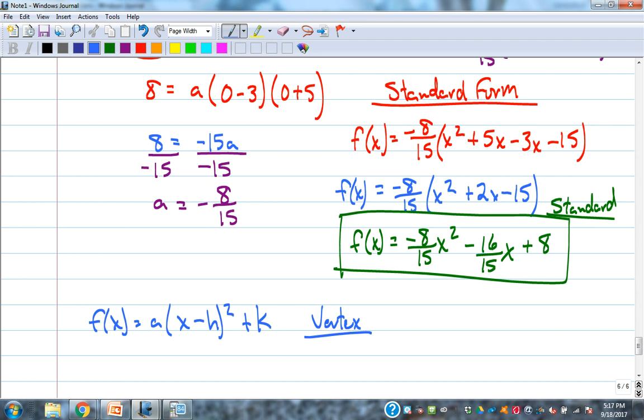So we know a is negative 8 over 15. So I know my vertex form is going to start out with that, and I just got to fill in the stuff here. So how do I find the h and the k for that? This is where it ties it all back together.